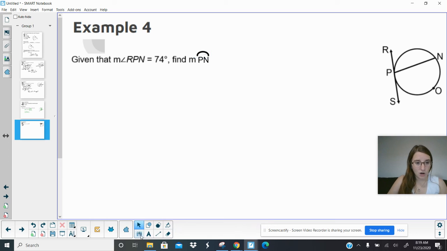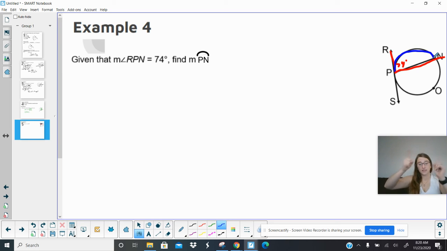Okay, so I know RPN. So following with the pen very carefully, R to P to N, I know this is 74 degrees. And I am trying to find the measure of arc PN. Well, notice again that that angle opens up to that arc.